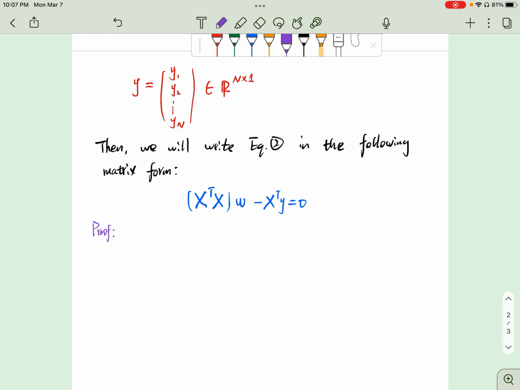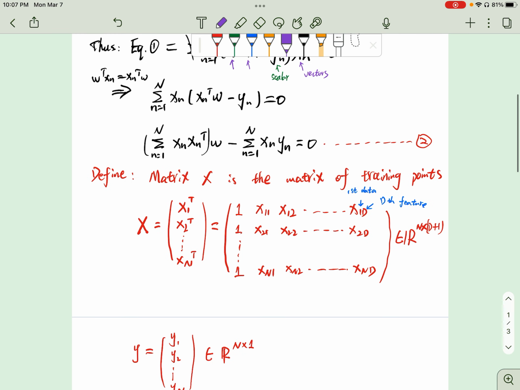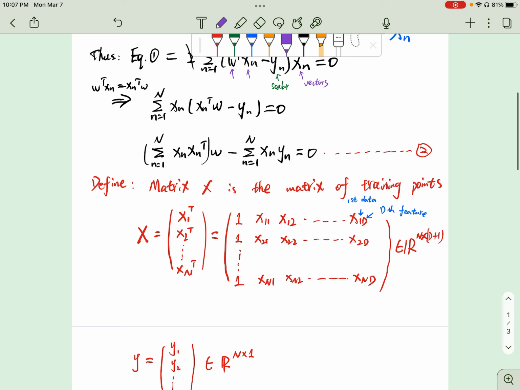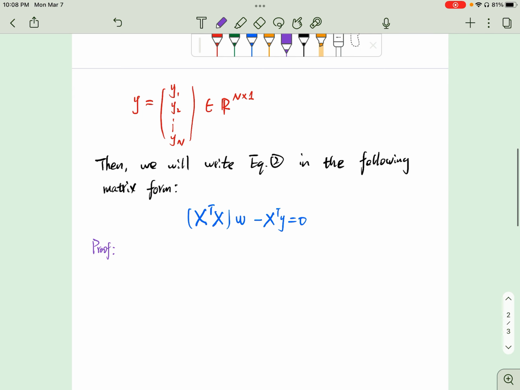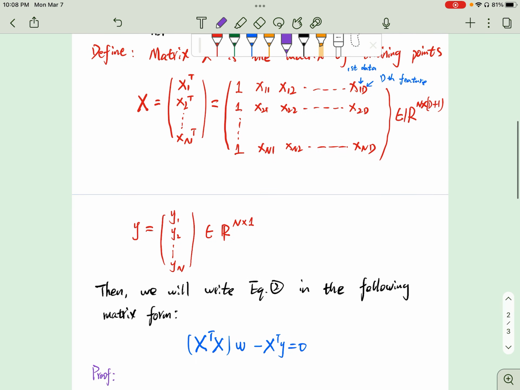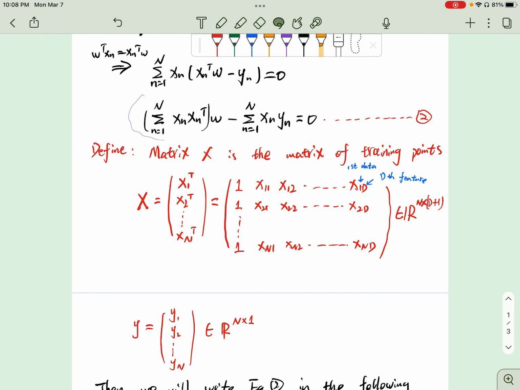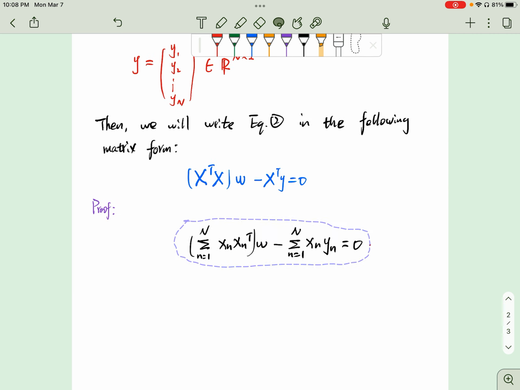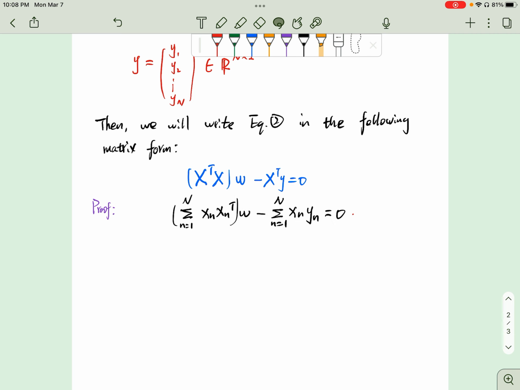So let's first see. Here we have two terms. One is this one, another is this one. Let's first see how we can write this one. Why are they the same?